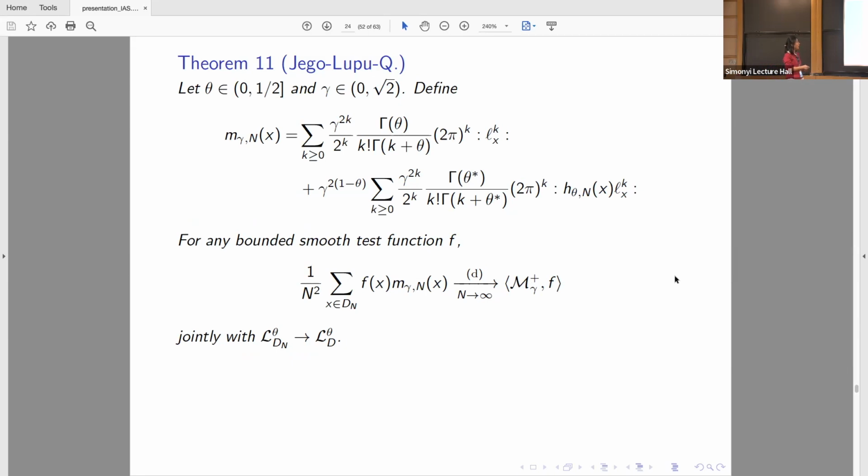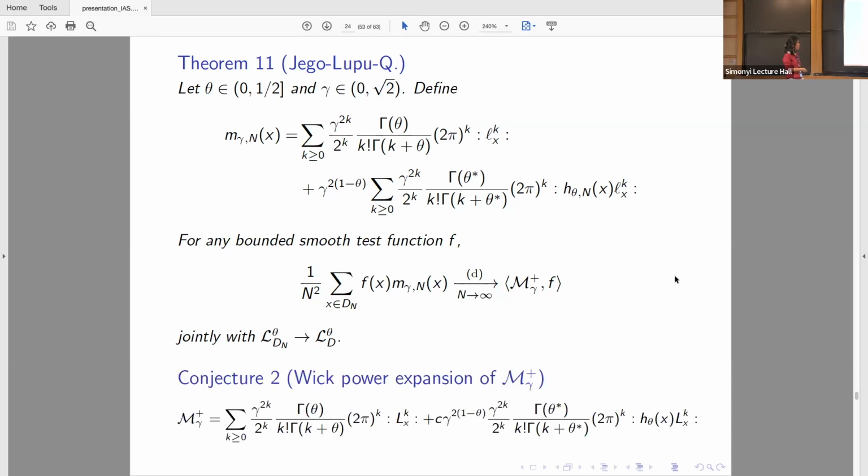So here L^x_k is just local time raised to power k, and this part is x_k times this fractional power. So this integer power and the integer plus fractional power. This complicated series. So if we could prove conjecture 1, then we can also prove this conjecture 2, which gives a series expansion of the m gamma plus for theta between 0 and 1/2.